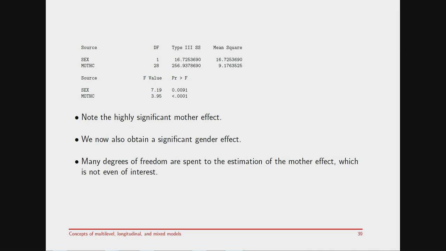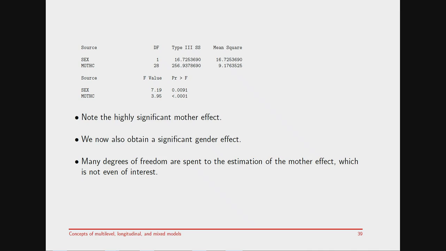So who would ever fit a linear regression model with 30 parameters? You try to avoid that, because you then lose precision for the parameters that really are of interest to you.